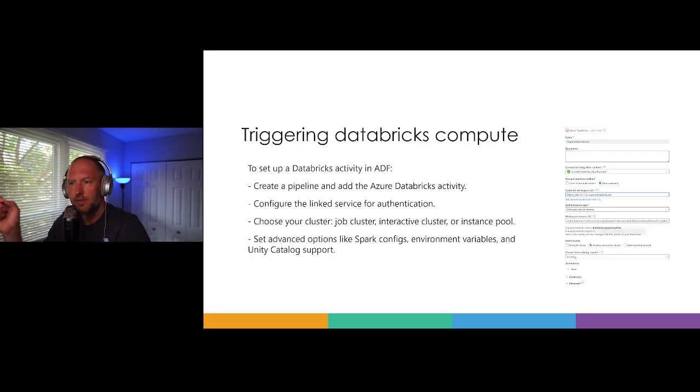This linked service contains some information about authentication, about the clusters that you need to use, and some additional information about, for example, what kind of environment variables you need to use, what kind of Spark configuration you need to use, what kind of Unity catalog, etc. You can do all of this using the DataFactory interface or JSON configuration if you use Terraform, for example.